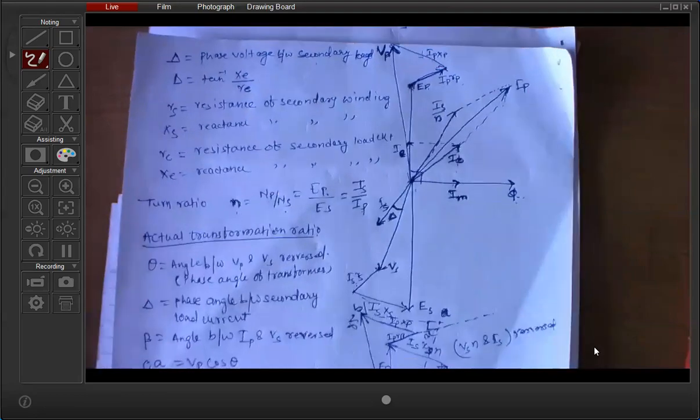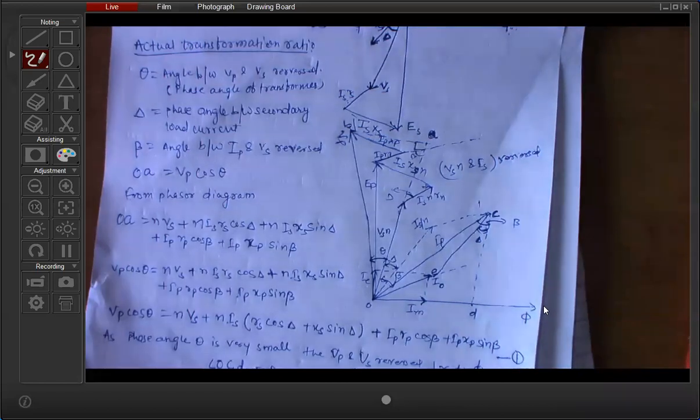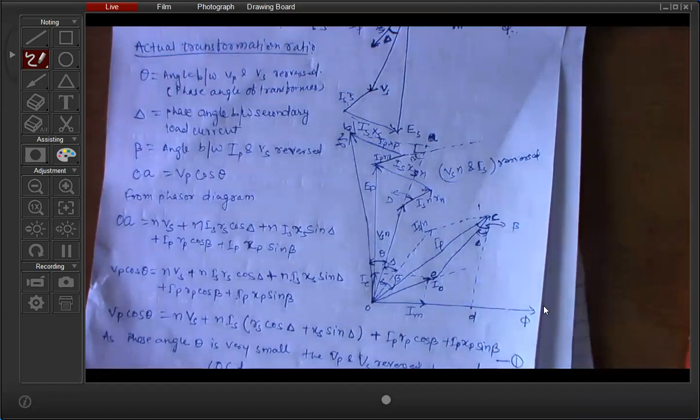Just wait. In the phasor diagram, the difference between the phasor diagram of potential transformer and normal transformer. Now we have to derive how they differ, that is, the error in the potential transformer.